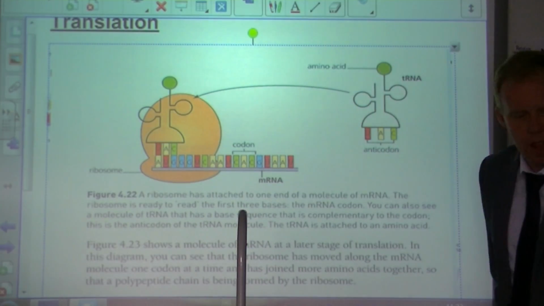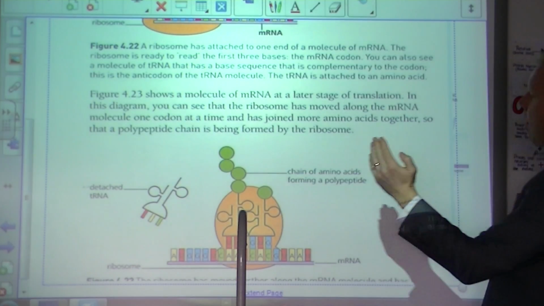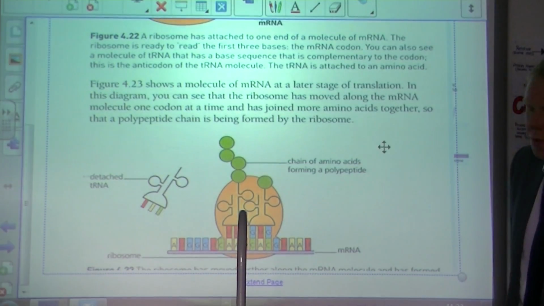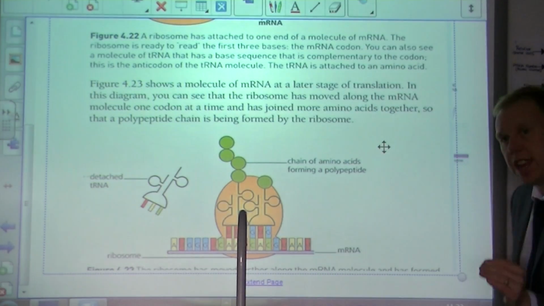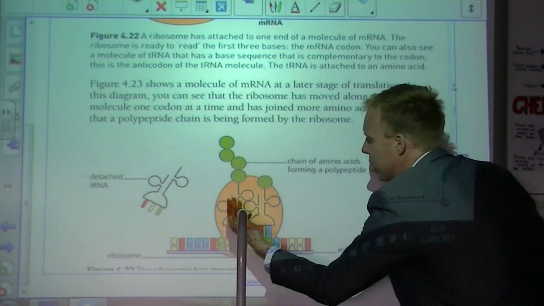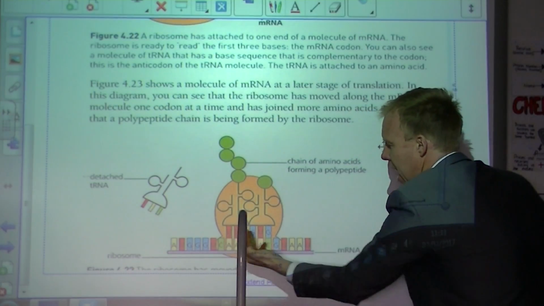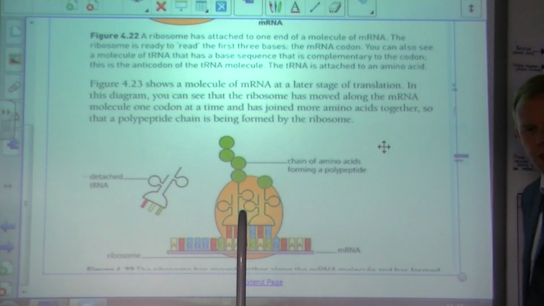acids. Then what happens is the ribosome moves along the mRNA strand, reading the codons as threes. It reads them two at a time. I hope you can see that there's only ever two codons being read by the ribosome at the same time.